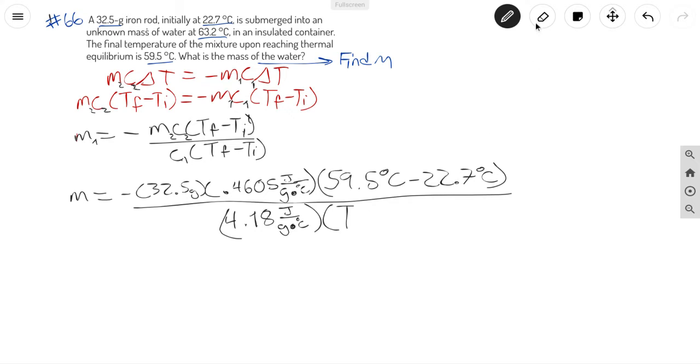Temperature final, again, it's given to be 59.5. And then our temperature initial of the water is 63.2 degrees Celsius. So I'm going to go ahead and simplify it by one step.